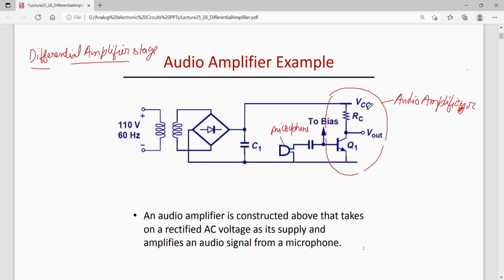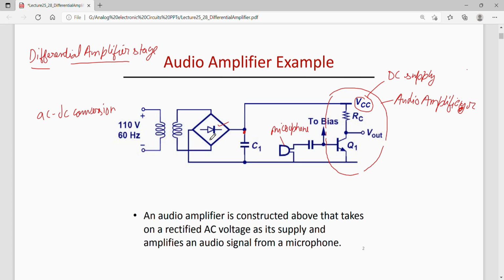Now in this audio amplifier, or simply common emitter configuration, we see VCC over here. So this is a DC supply. VCC is a DC supply which can be obtained by AC to DC conversion, and for this AC to DC conversion one can use a diode rectifier, a diode and a capacitor.